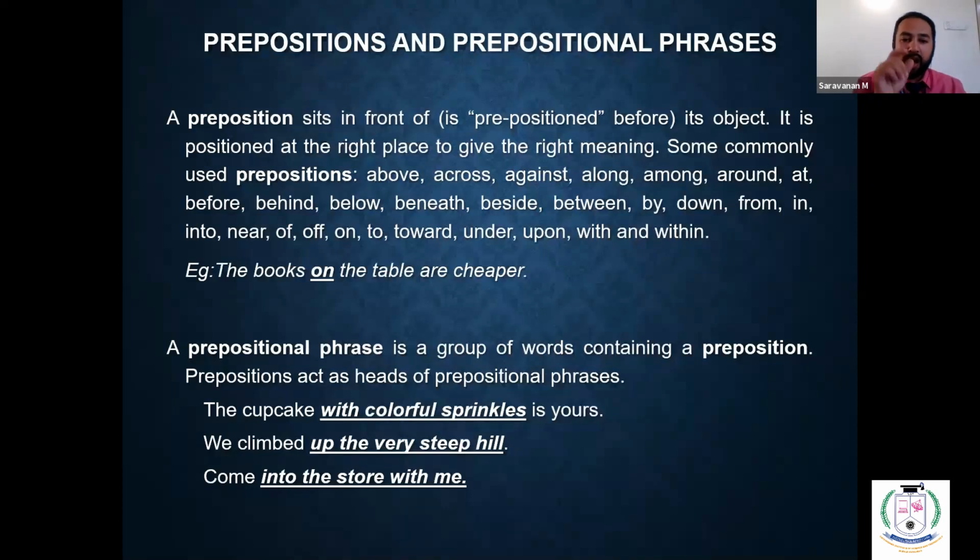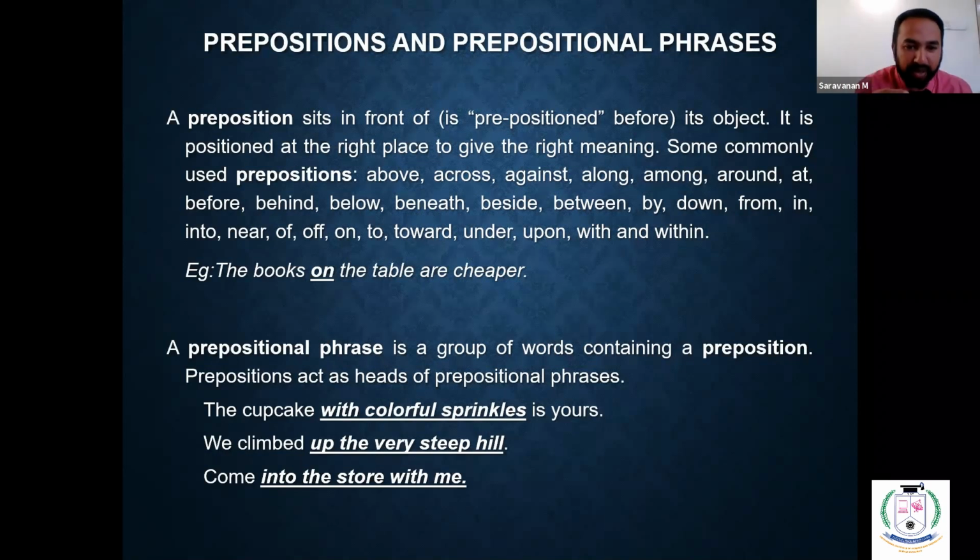Preposition acts as the head of a prepositional phrase. Here, the cupcake with colorful sprinkles is yours. So it gives more information. It connects all the words, but it gives you more information.